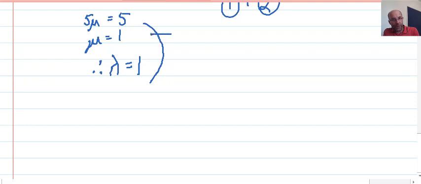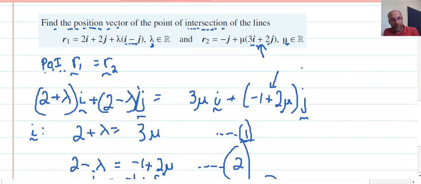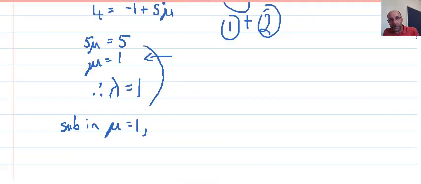Perhaps you'd like to just sub mu equals 1 into the original equation that involves mu, which is R2. You could try putting that in there and see if it matches if you were to put in lambda. So it's a way of confirming it.